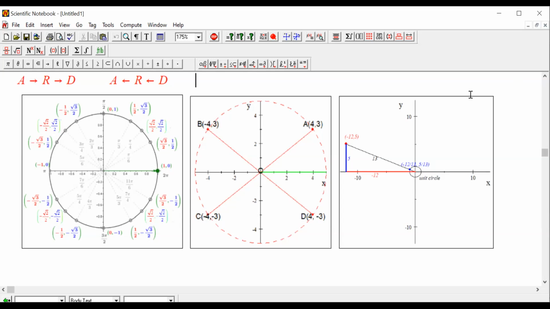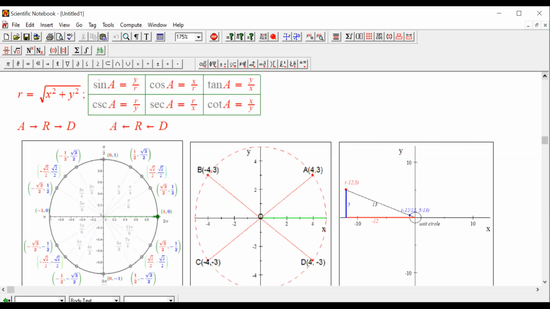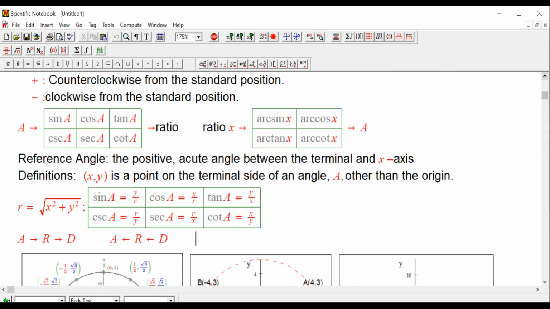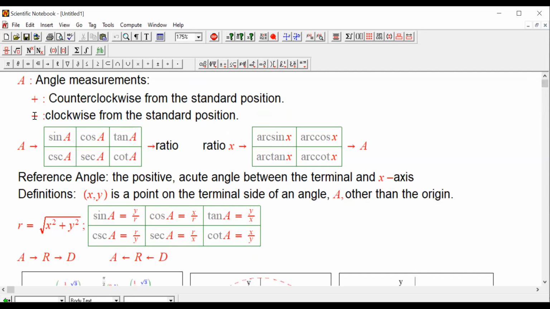Because I want you to be able to not only handle the cases that involve special angles, I also wish you to be able to handle cases that are non-special angles. So any angle, whether it's A to D or D to A, you know how to handle. So how can you make sure you can do that? Focus your attention on these A, R, ARD.